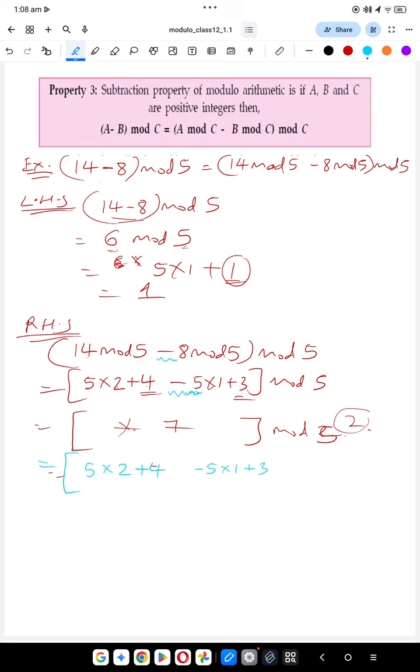Here is the mistake. We need to remember our trick: if the dividend has the negative sign, we need to think of a number which is just greater than it, and then we are supposed to get the positive remainder.